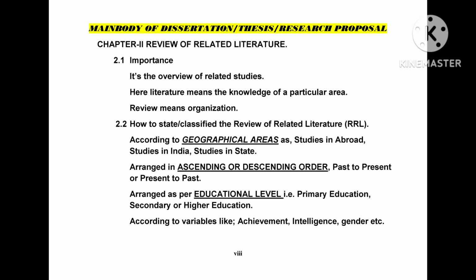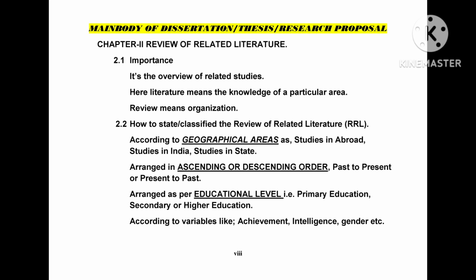In importance we have to state the importance of the study. Then here 2.2, how to classify the review of related literature, as we are discussing geographical areas, ascending or descending order, educational level, primary, secondary or higher secondary, or according to variables like achievement, intelligence, gender, etc. These are the ways of stating review of related literature.